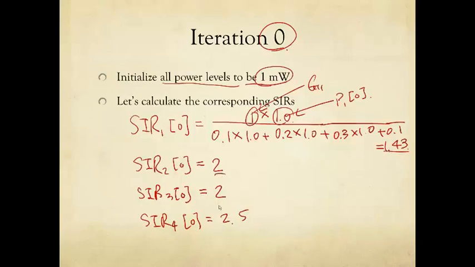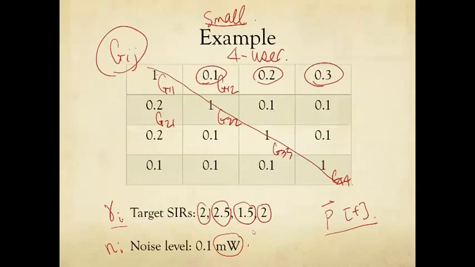Okay, if you look at these four numbers at initialization and compare with the target SIRs, you see that the first user is not getting to the target SIR. Neither is the second user. But the third and the fourth users are actually getting above their target SIRs. Instead of 1.5, you're getting 2 already. Instead of 2, you're getting 2.5.